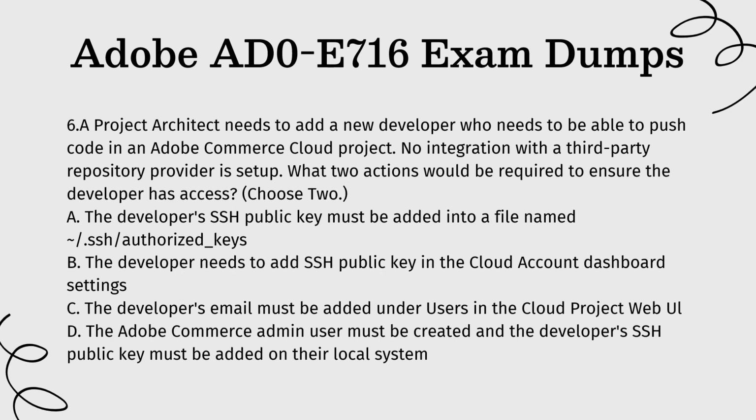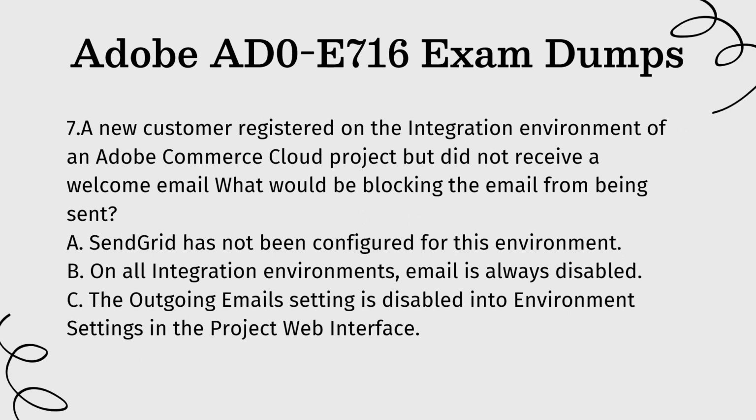B. The developer needs to add SSH public key in the Cloud Account dashboard settings. C. The developer's email must be added under Users in the Cloud Project Web UI. D. The Adobe Commerce admin user must be created and the developer's SSH public key must be added on their local system.